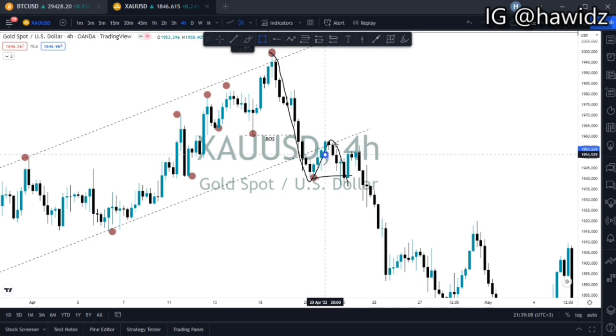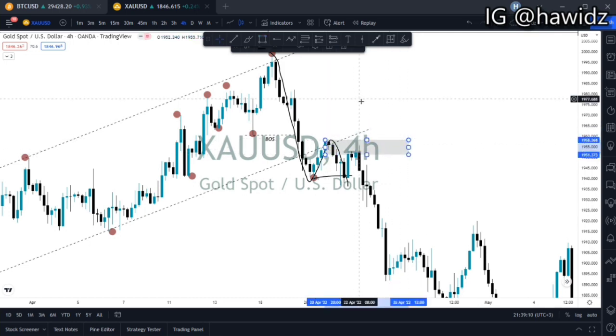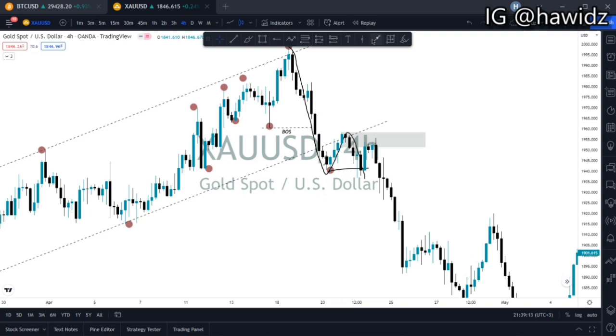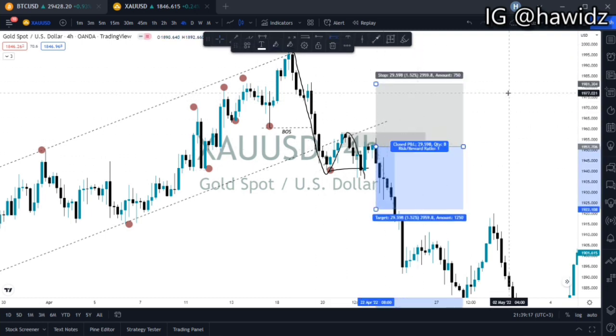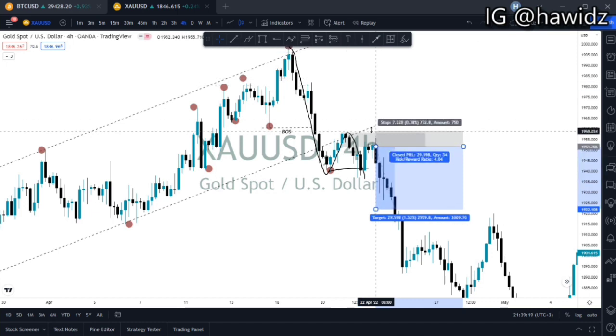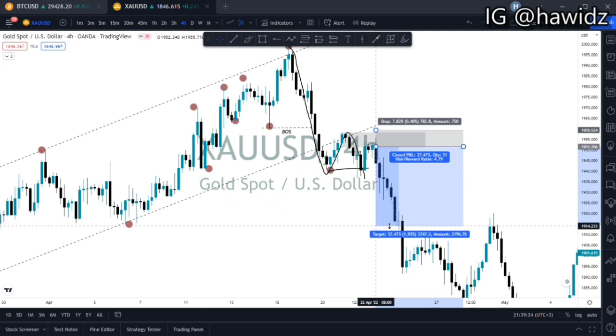You had this last up move before the down move, the supply zone as I like to call it, right? And boom, that's where your bearish entry lies. Your stop loss just above that, and you're firstly targeting this, and maybe in the near future this, or even lower.